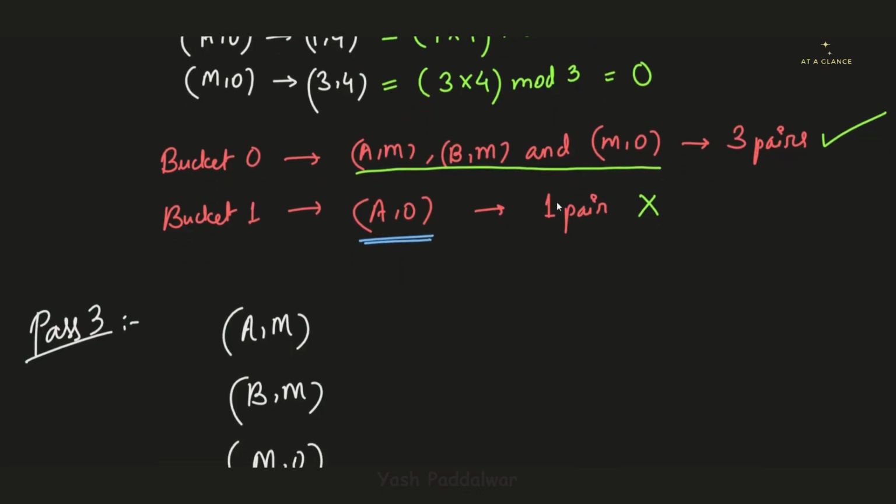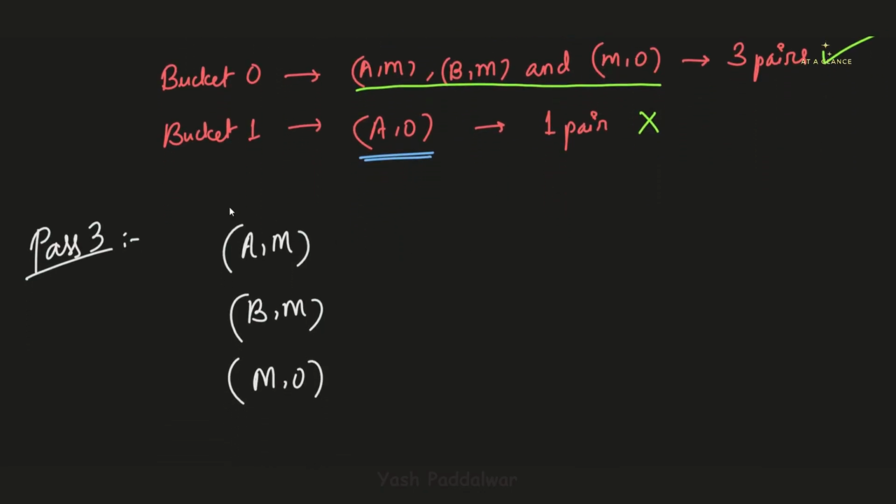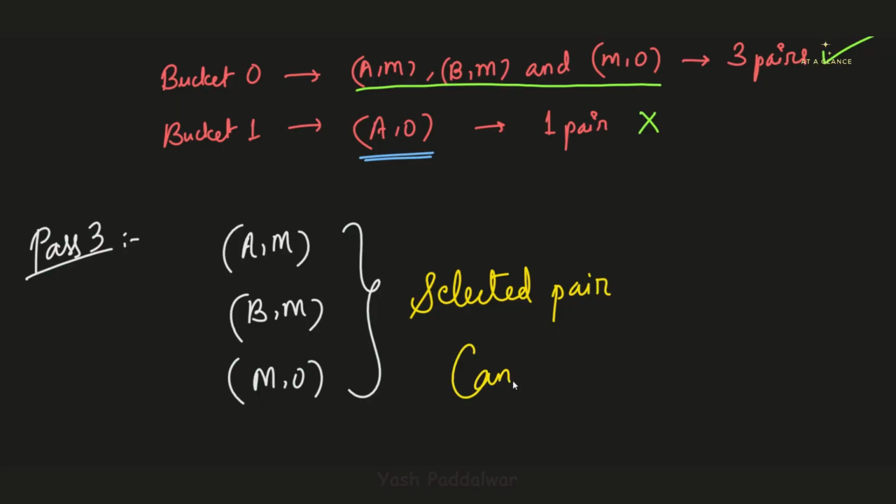So all three conditions are satisfied for all these three pairs. Similarly for BM and MO also. So these are the finalized pairs, the selected pairs at the end of pass 3, and these three pairs are nothing but candidate pairs.